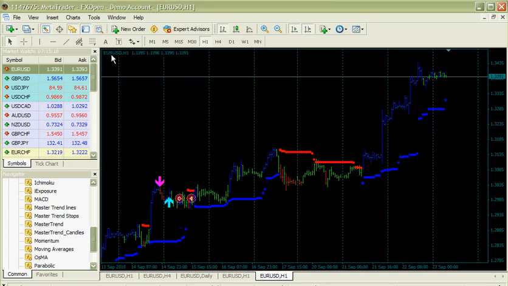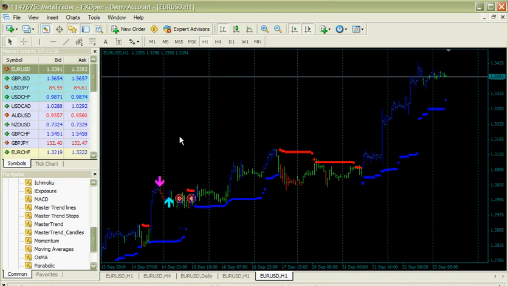What I'm sharing with you is the EUR/USD on a 1 hour, and as you can see, the system automatically does the calculations and gives you the entry, stop loss points and the exit points.